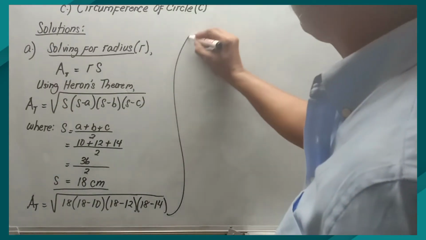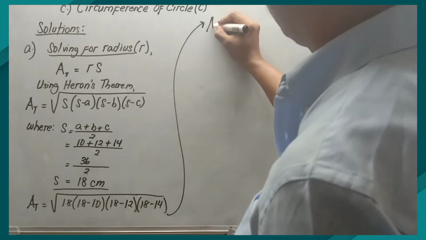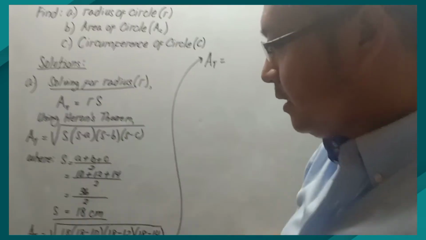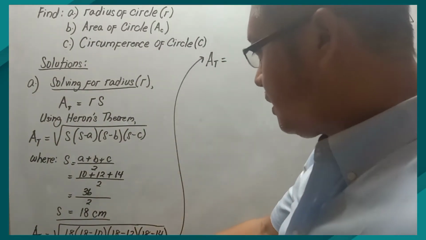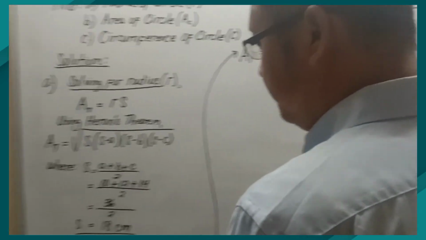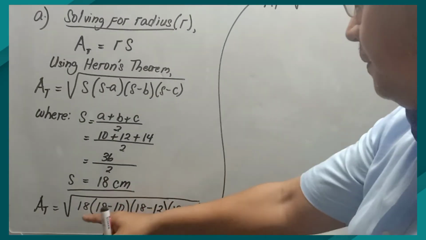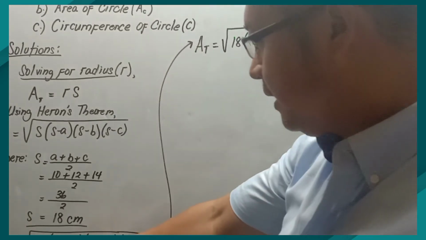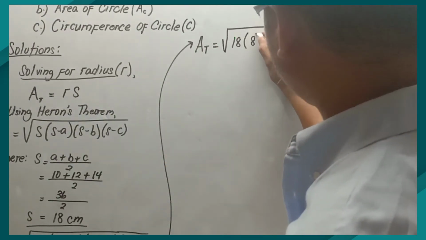So we continue somewhere here, okay. Area of triangle is equal to, how much is one, guys? Let me calculate this expression, okay. So square root of, copy this one, 18, okay, times 18 minus 10 will be 8, correct?